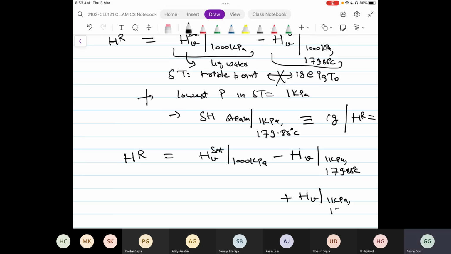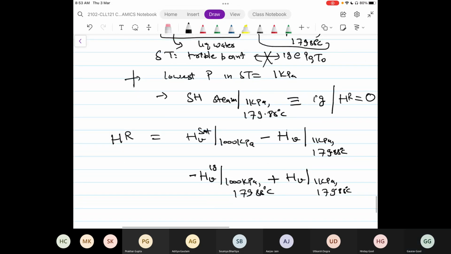So I'm not making any change. I'm just adding and subtracting the same quantity. Okay, so no change has been made. The same quantity has been added and subtracted.